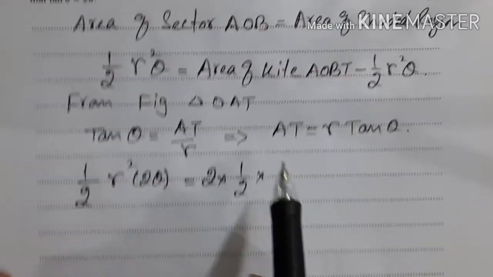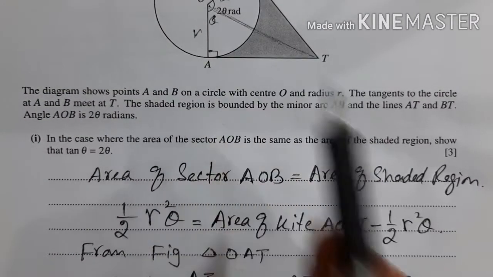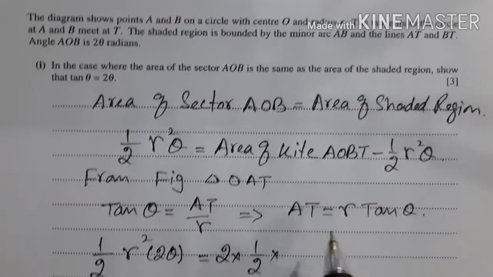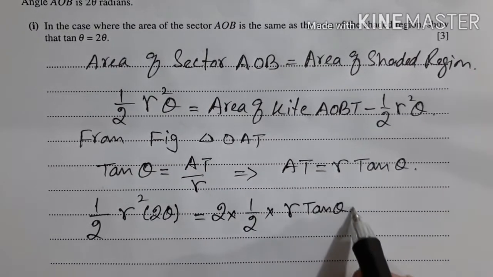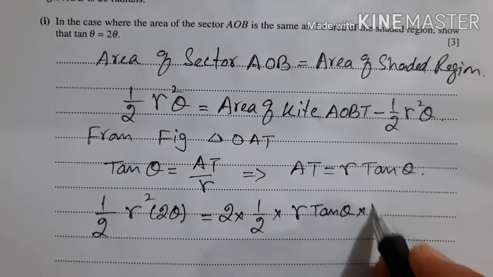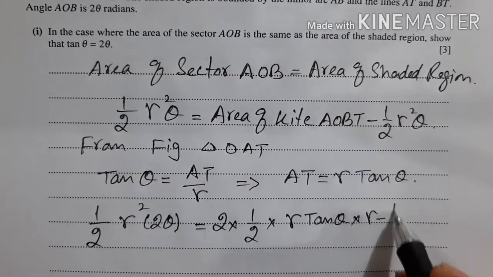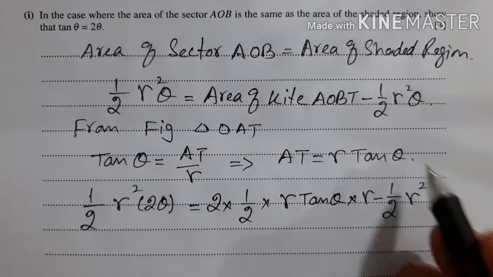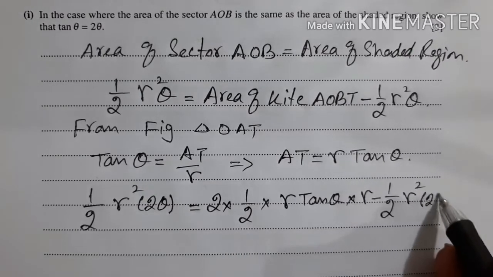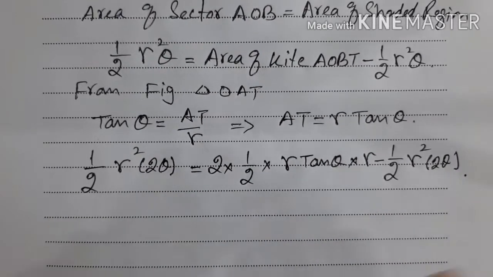So 1 by 2 into base, our base is r tan theta, into height, height is r minus 1 by 2 r square into 2 theta again, because theta is 2 theta.